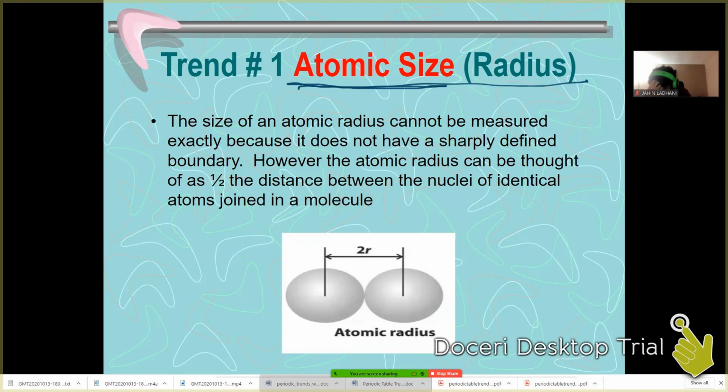So that goes in that blank right under the trends. It's half the distance between the nuclei of identical atoms. So you measure from the nuclei of one to nuclei of another one. So it's a representation of how large an atom is.